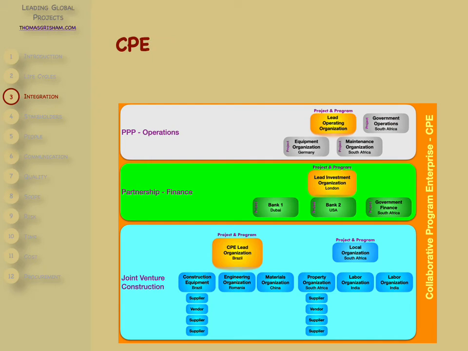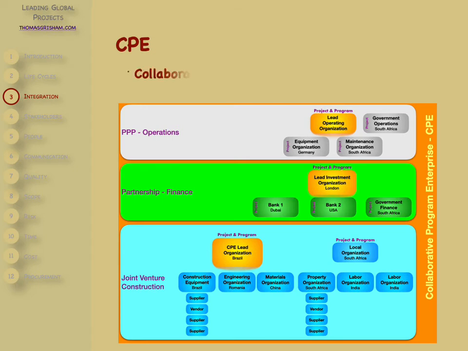So CPE is a collaborative program enterprise, and you can see the picture here, where you have a value chain of organizations scattered around the globe. Each has their own particular role to play. Each has their own particular sets of needs and organization and leadership.